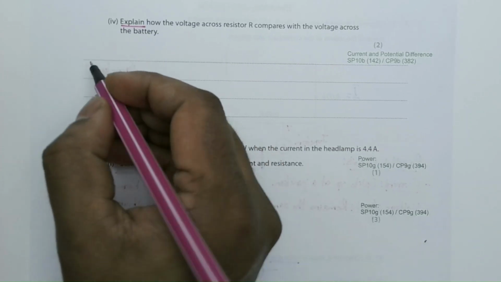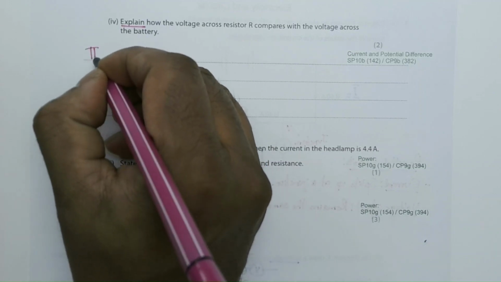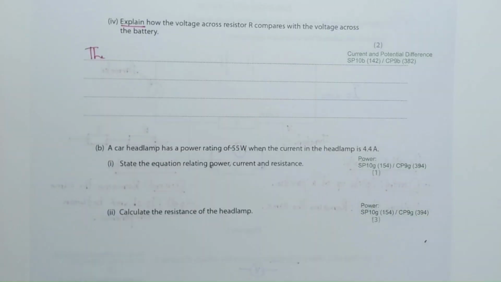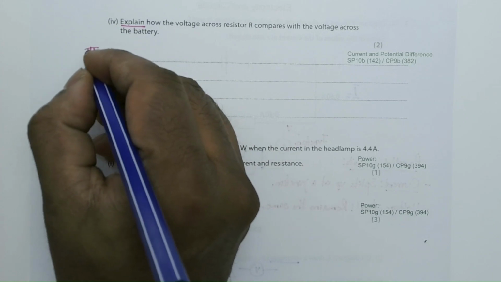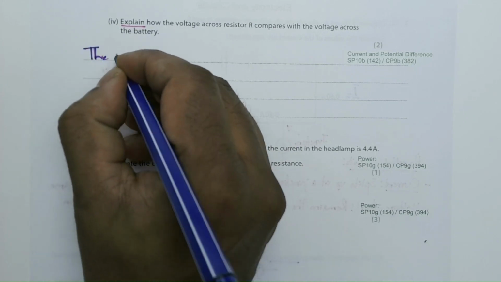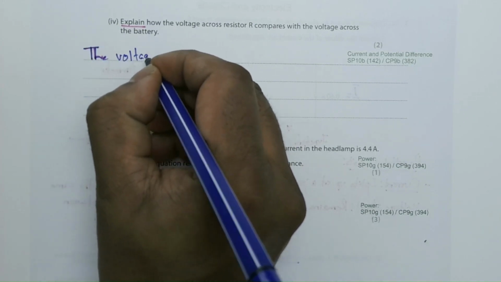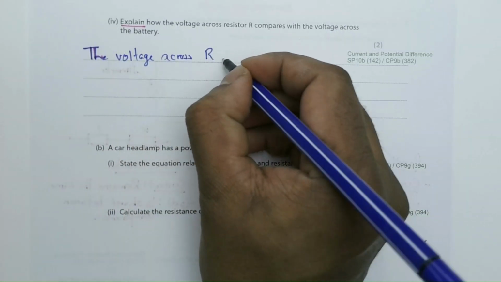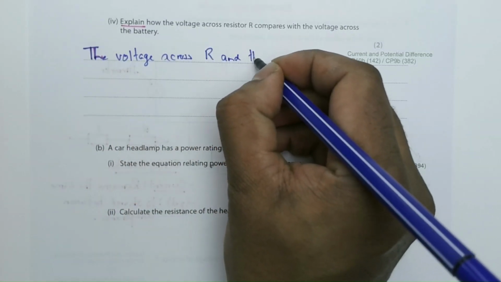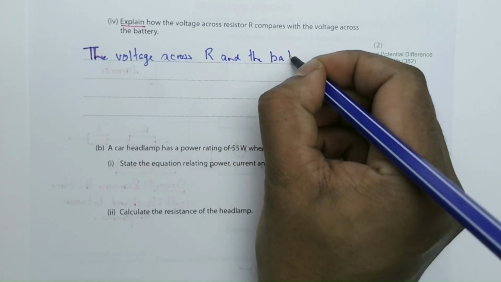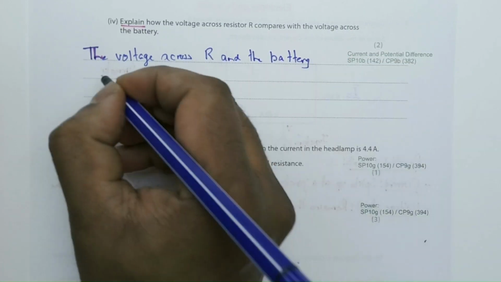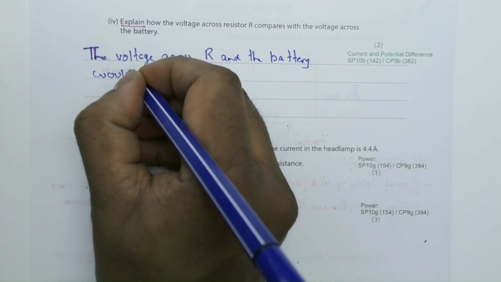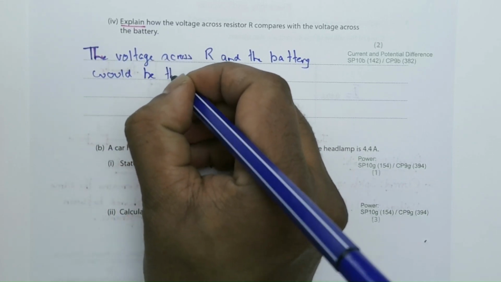So let's start off by saying, let me use a blue colour pen, the voltage across R and the battery would be the same.